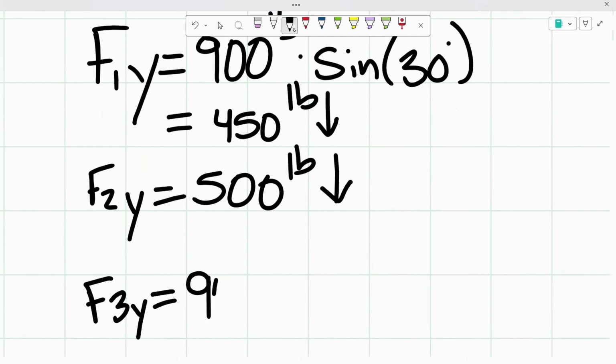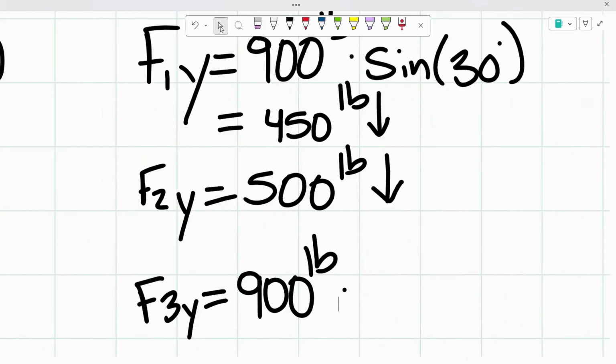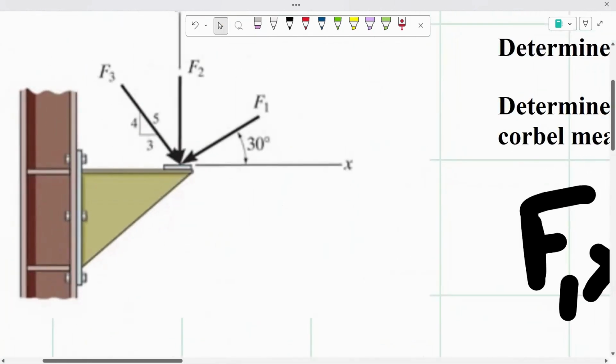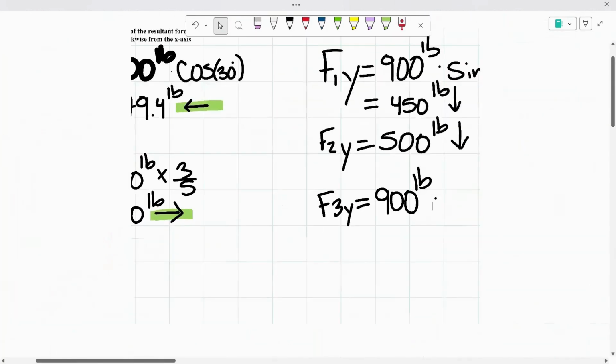We know that it's 900 pounds times, once again, here we don't have an angle, but we have the slope, the 3-4-5, and here we're trying to find the vertical component, so we're going to be using this side, which is the 4, and the hypotenuse. So it's going to be 900 times 4 over 5.